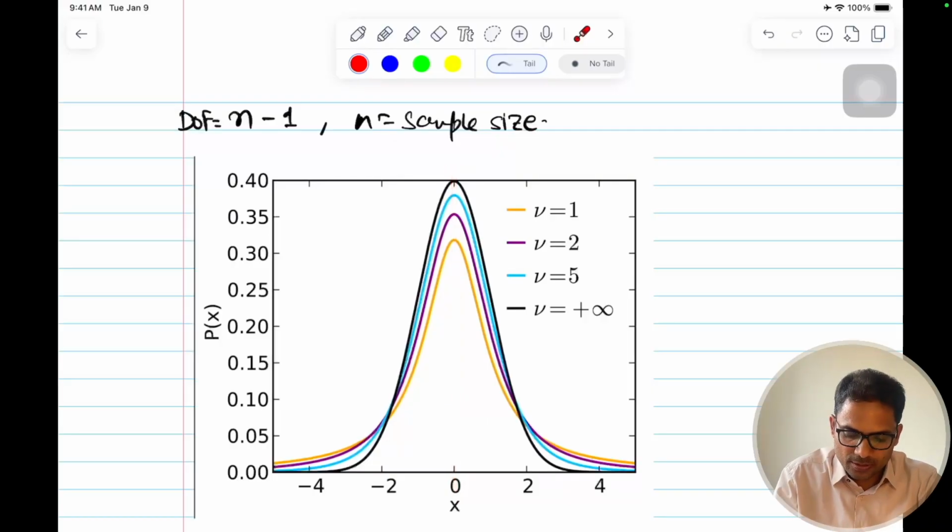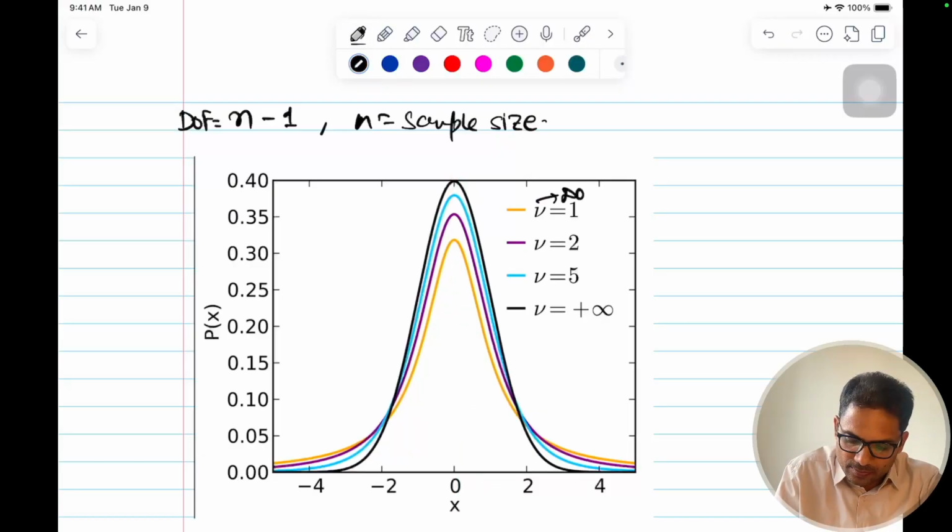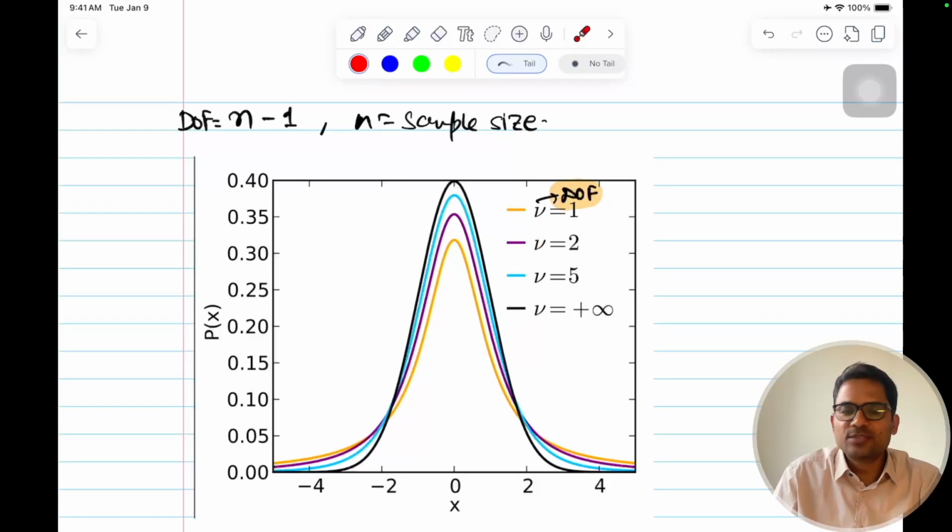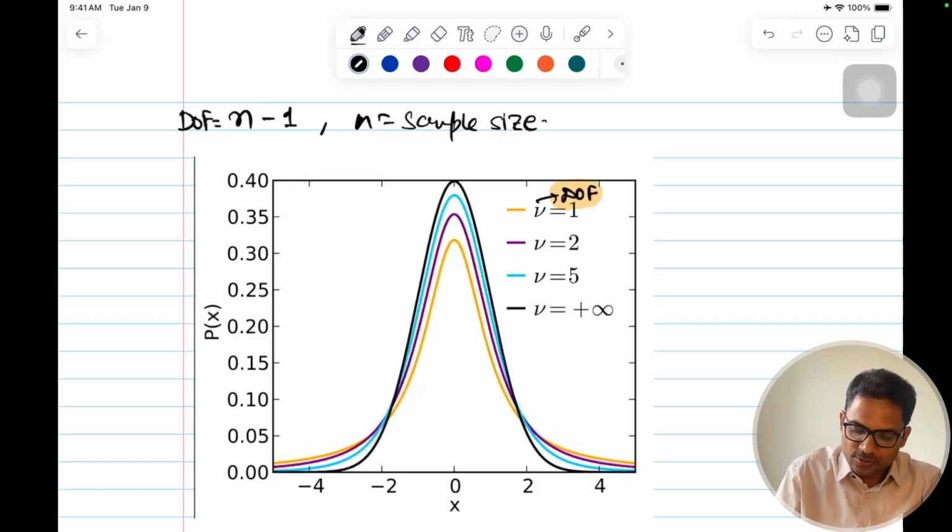This is your central point, and this is V, your degrees of freedom. As V changes, and as V tends to infinity, this will tend to a Gaussian. So as V, the degrees of freedom, tends to infinity, the t-distribution will tend to a normal distribution.